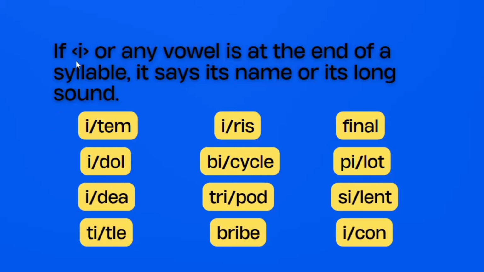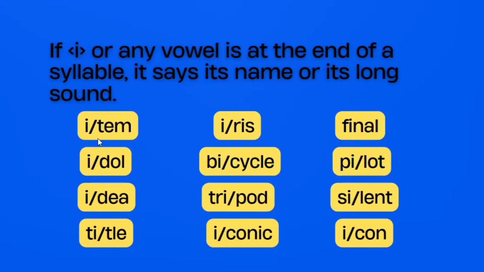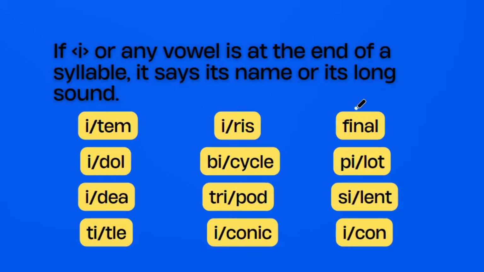So no matter it's I or any other vowel, if it's at the end of a syllable, it will say its name. For example, item, idle, idea, title, iris, bicycle, tripod, iconic, final, pilot, silent, and icon.